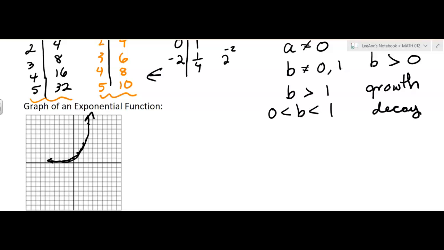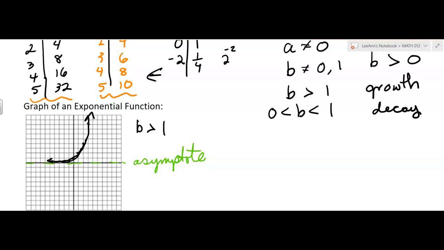But for an exponential function where b is greater than 1, it's going to look something like that. And you do have an asymptote right here at the x-axis. Okay, so this would be an asymptote. Okay, so I think that's all we're going to say in this video. So just getting us used to exponential functions and what they do.